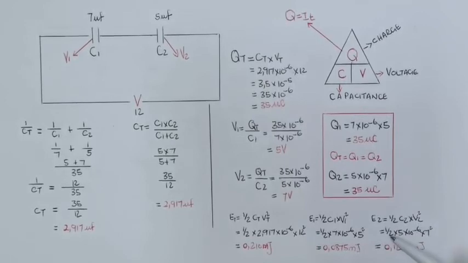And lastly, half times my capacitance of C2 multiplied by my voltage squared, which will give me 0.1225 millijoules. And if you add these two together, you will get the total energy of the circuit again, which means you have calculated correctly.